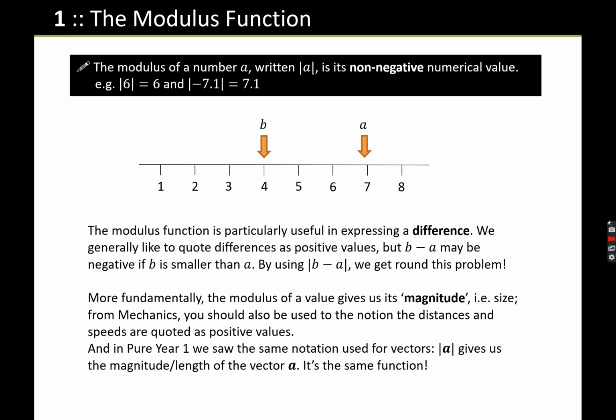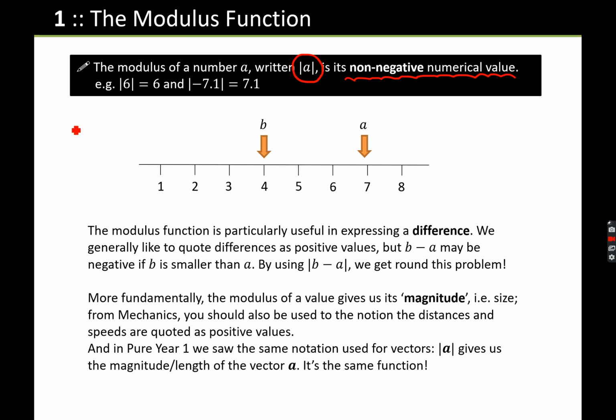So we are going to start with the modulus function. Now we've seen the modulus quite a lot already, especially in mechanics. So we should be relatively comfortable with that symbol, the two straight brackets effectively. Now, when we're thinking of pure maths and numerics, the modulus of a number is always its non-negative numeric value.